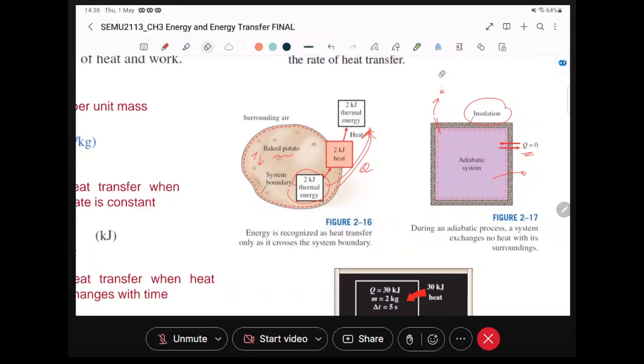So I shouldn't write Q dot, it should be just Q. But if you can completely insulate the whole thermos, which means if you pour in hot water, it will never become cold, then it's a fully insulated system. So in that case, Q will be 0. If there is energy change in the system, then it must be because of the work.